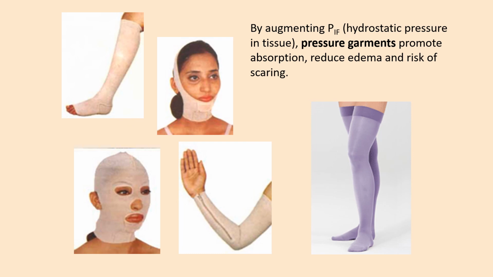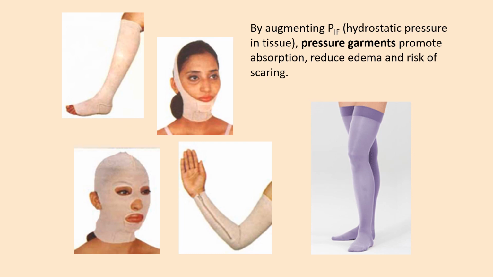So to reduce swelling or to prevent edema, particularly post-surgically, one approach is to wear a pressure garment. And I know they look really silly, but the way pressure garments work is they increase interstitial fluid hydrostatic pressure, the pressure that the tissue fluid exerts on the exterior of the capillary wall.